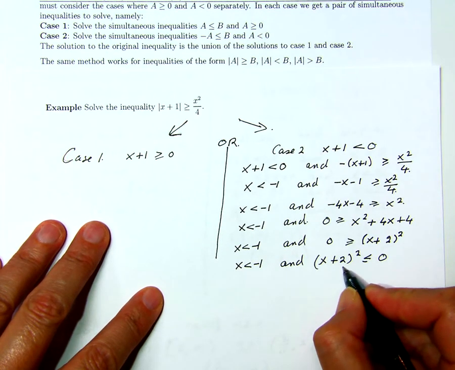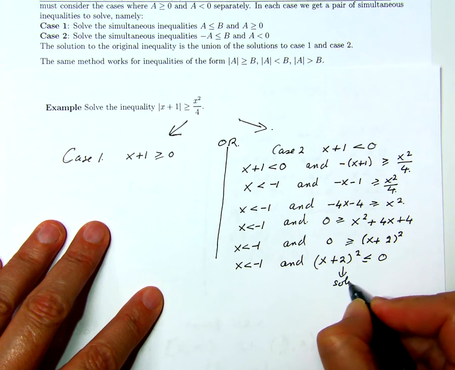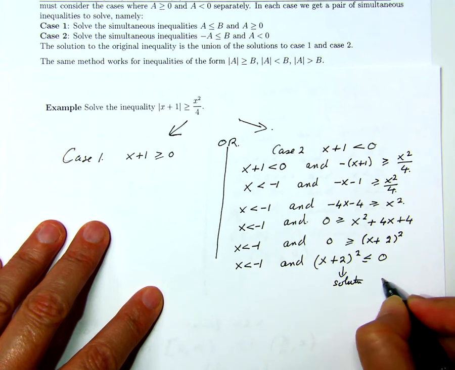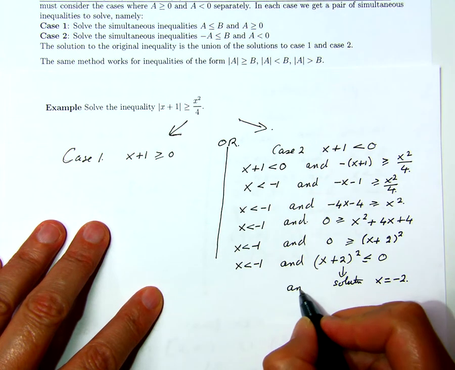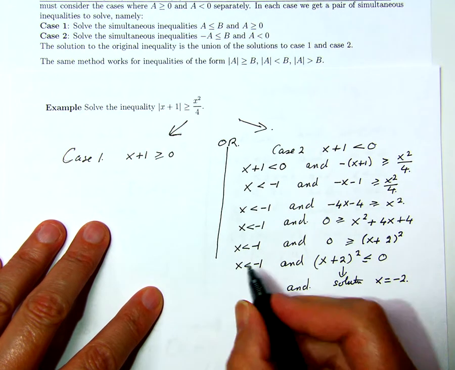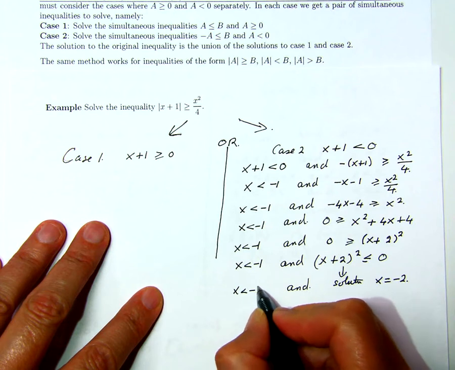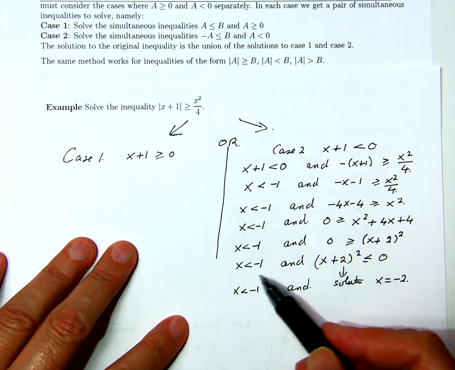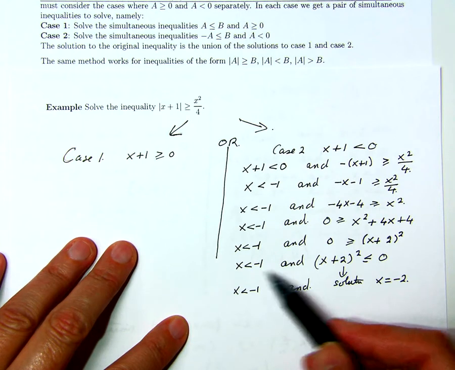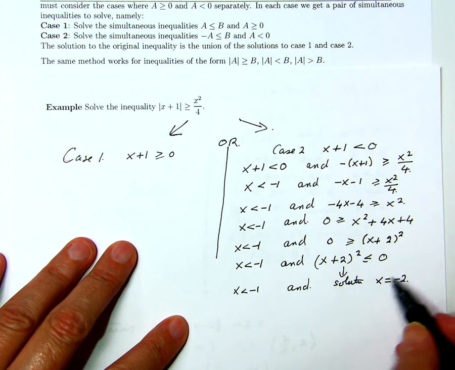So the solutions here are x equals minus 2, and I also have the condition that x is less than minus 1. So the solution in case 2 is the set of all x values which satisfy both of these conditions.